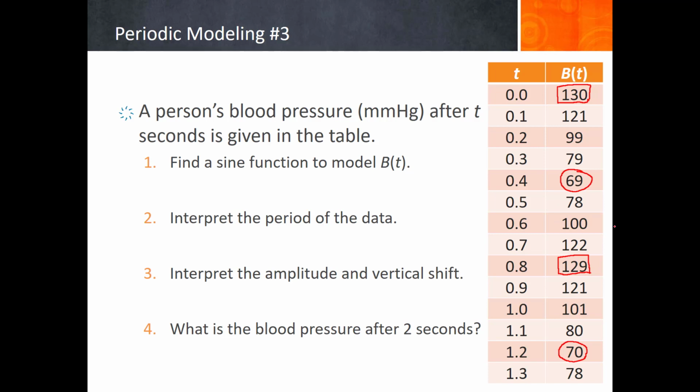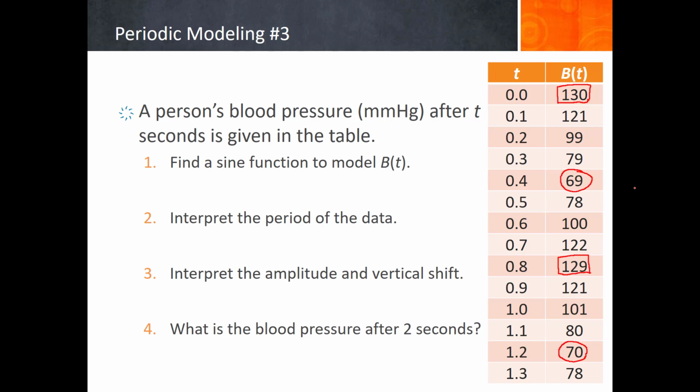You could average the two numbers together, so the average of 130 and 129 to get a middle maximum, and you could average the 69 and the 70. It's up to you. I'm not going to worry that much about it. Again, to some extent, there's no perfect answer for this.